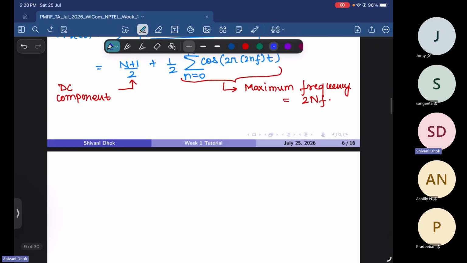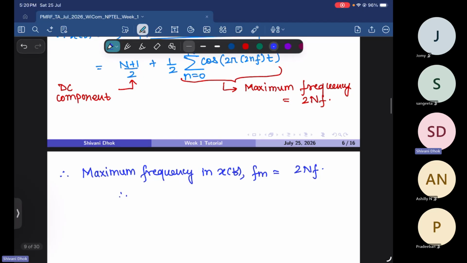So therefore, the maximum frequency in this signal, that is FM, is 2Nf.